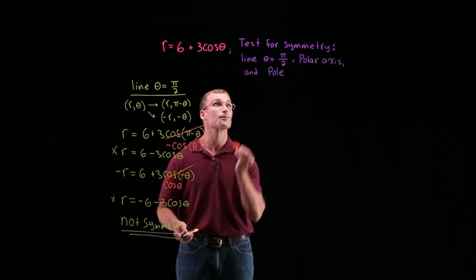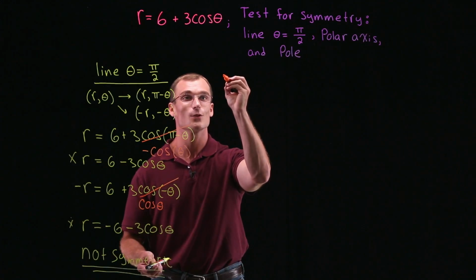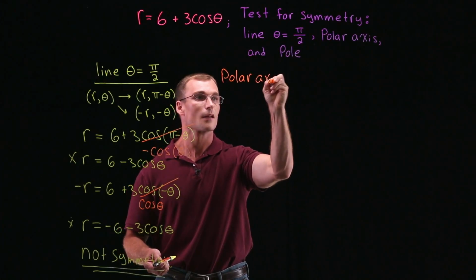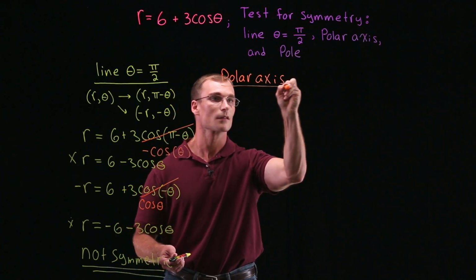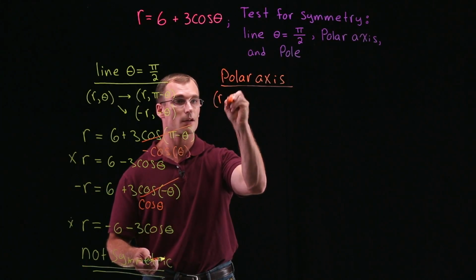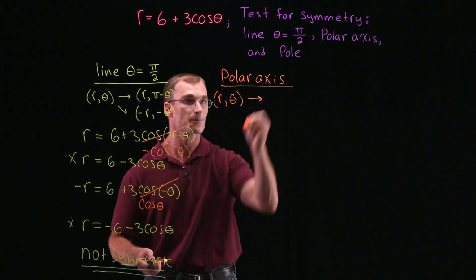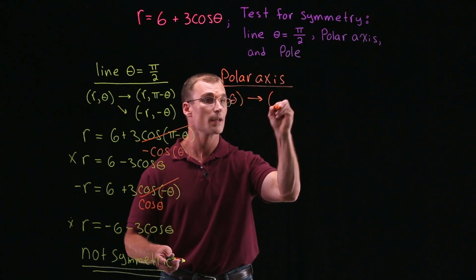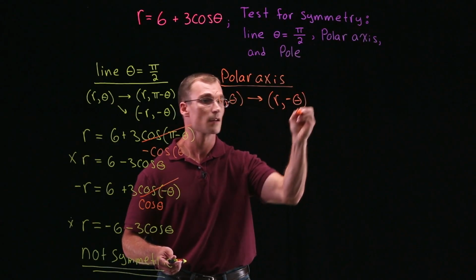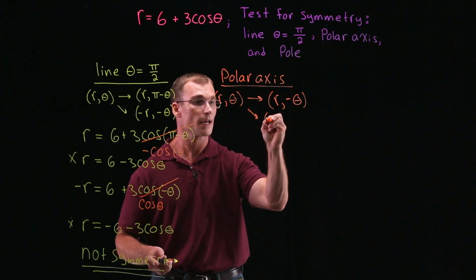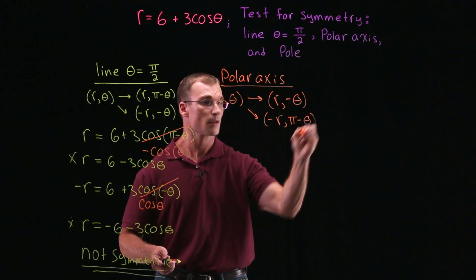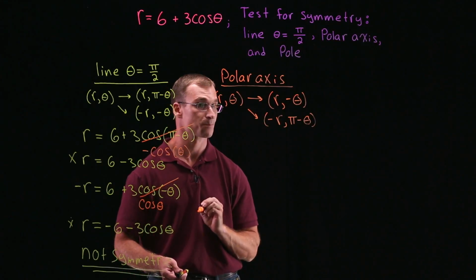Now let's see if it's symmetric with respect to the polar axis. Same thing, we can substitute our coordinates: r, negative theta, or negative r, pi minus theta.